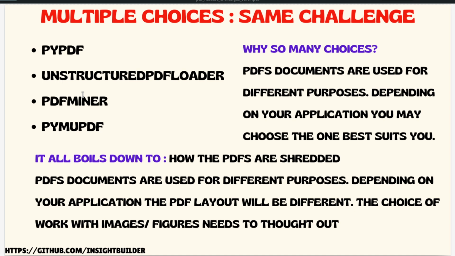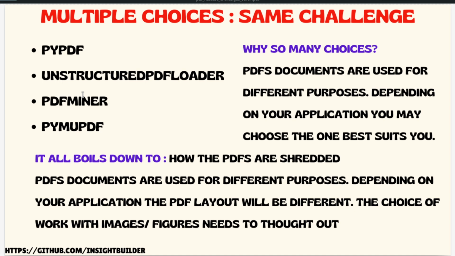Some libraries are very generic and support all types of PDFs, like PyPdf and Unstructured PDF. PDF Miner and PyMuPDF also have a level of genericness. However, PDF Miner and PyMuPDF work better with general thesis-level PDFs, and PDFs which are not filled with lots of pictures. Okay, so this is an overview of why so many choices.